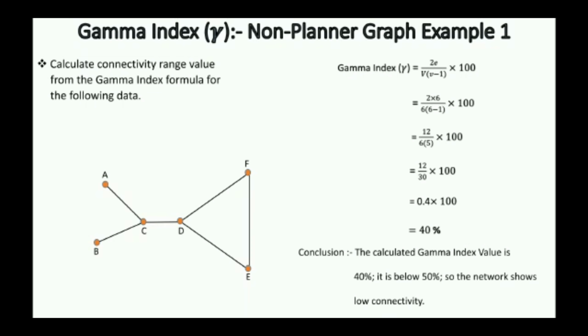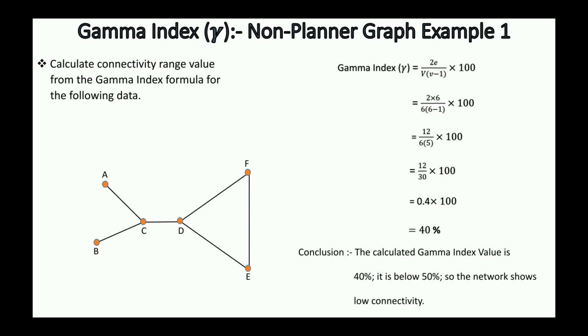Now we will see the examples of non-planar graph. This is the example of non-planar graph. There are 6 edges and vertices are also 6, and therefore we put these figures in the formula: 2 multiplied by 6 divided by 6 in bracket 6 minus 1 bracket complete multiplied by 100.